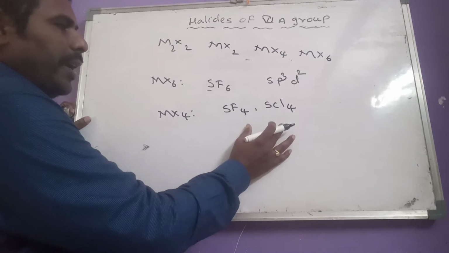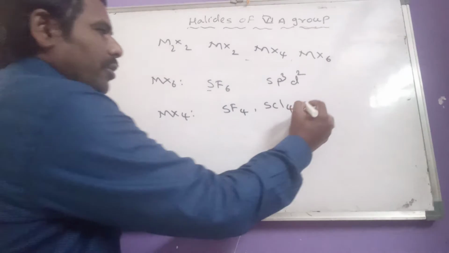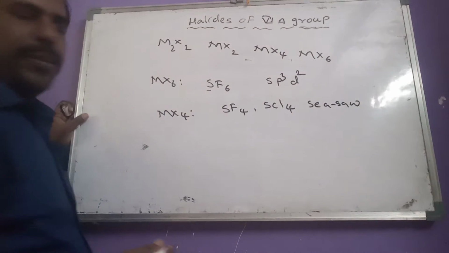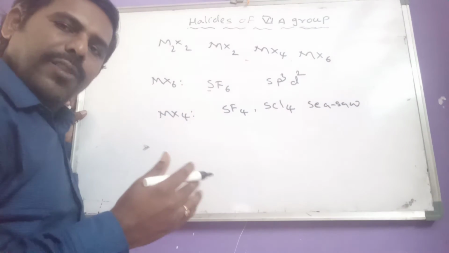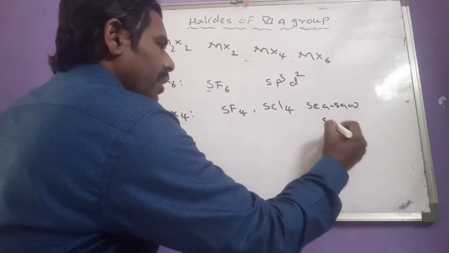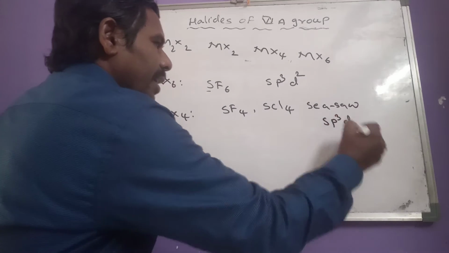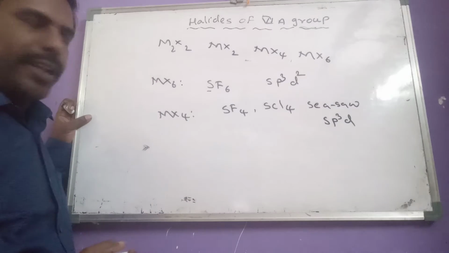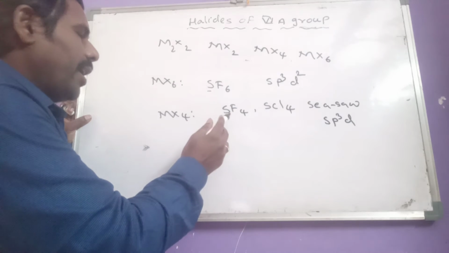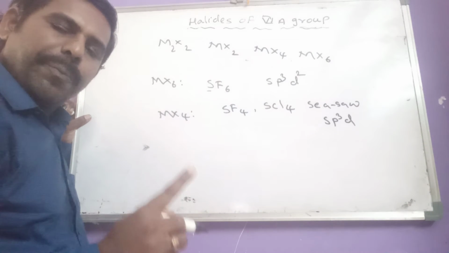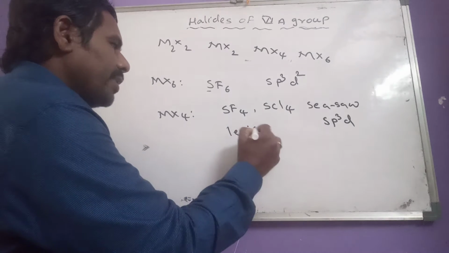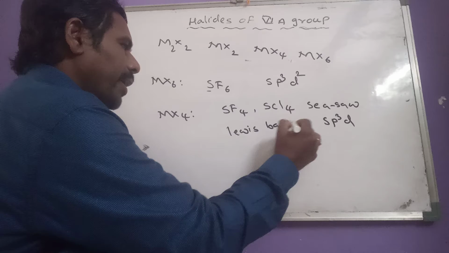Now if you come to any tetrahalides, they have a seesaw type of structure. SF4, SCl4 have a seesaw type of structure. And the hybridization of central sulfur is sp3d, and they contain one lone pair of electrons. So by donating the lone pair of electrons, these can act as Lewis bases.